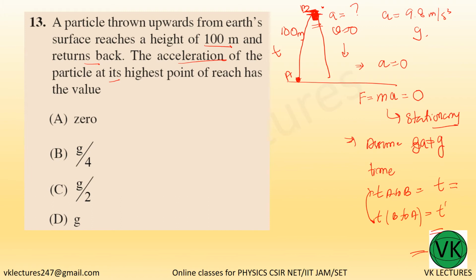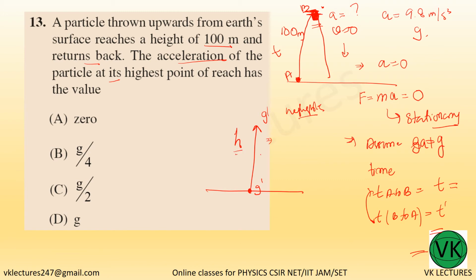Now another idea: if you go above the surface, if you reach a height above the ground, there is a difference in acceleration. The acceleration at this point is not equal to the acceleration at this point. There is a change, but that change is very negligible, depending on the height.